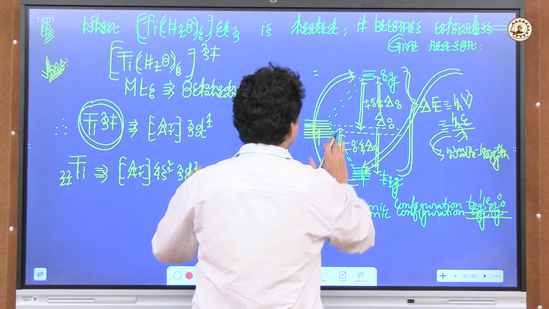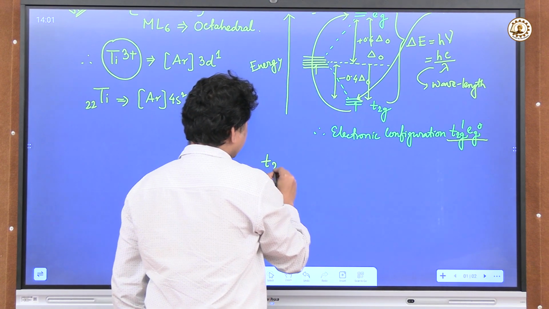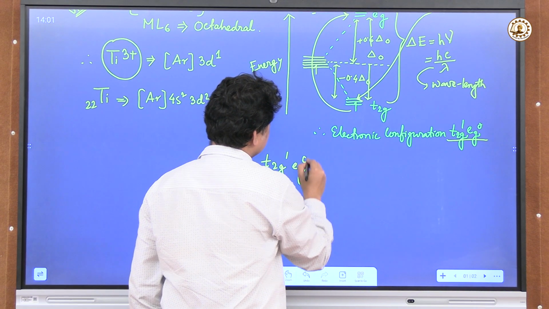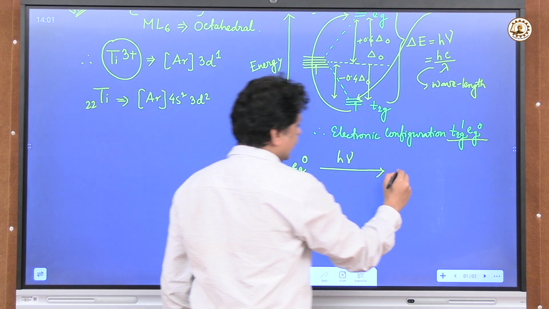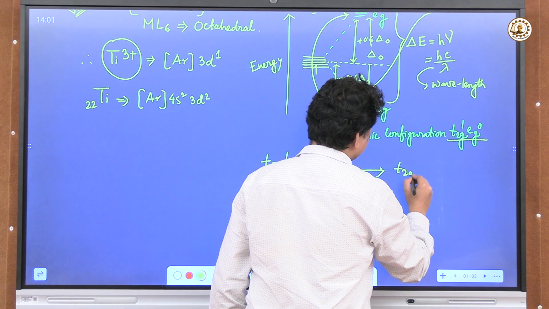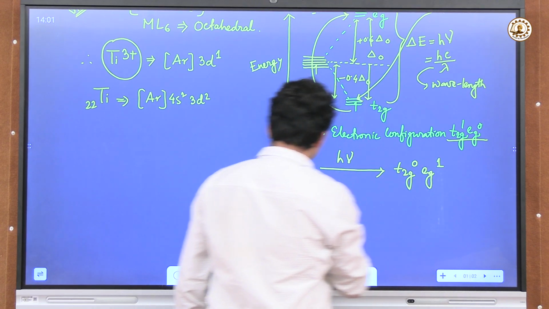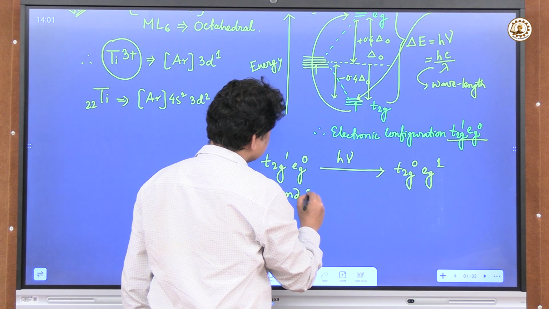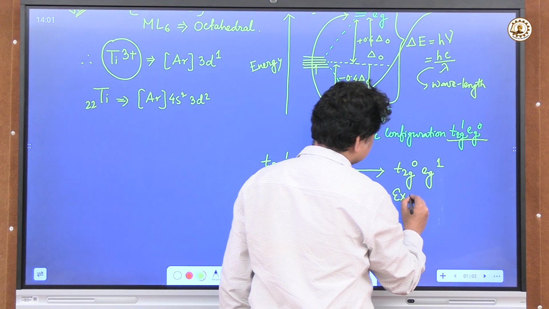So when sufficient energy is supplied to this electronic configuration, it becomes t2g0 eg1. The first is called the ground state, and this is called the excited state.